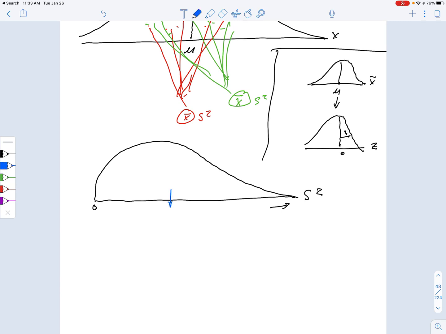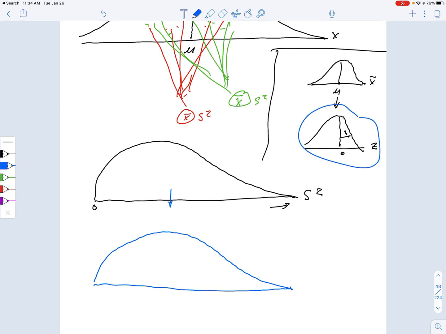Let me change colors here to something which actually has the same shape, just like the z distribution had the same shape as this one. This is a distribution called the chi-square distribution, and the mean is equal to its degrees of freedom, which in this particular case is equal to n minus 1 for this unit, but it is going to be different when we get into the next couple of units.